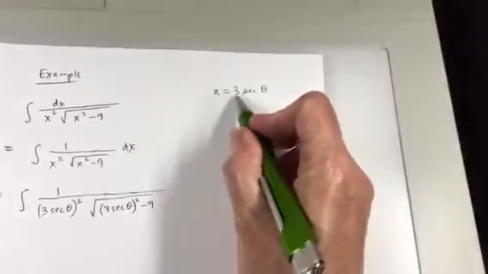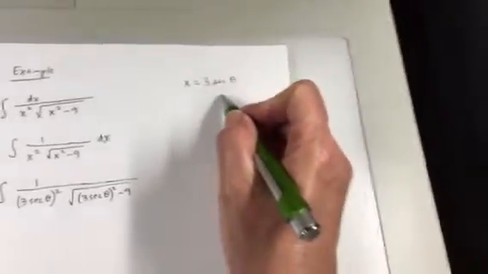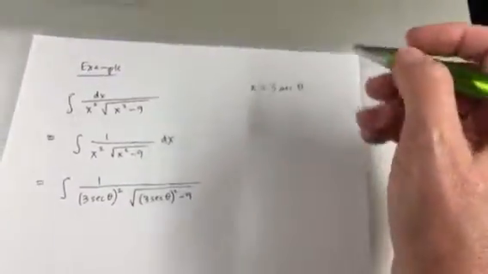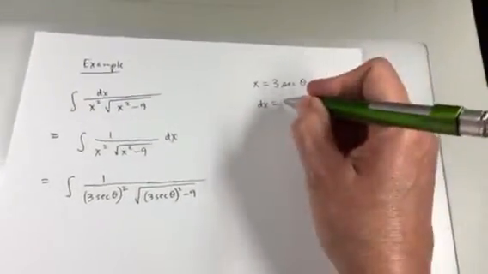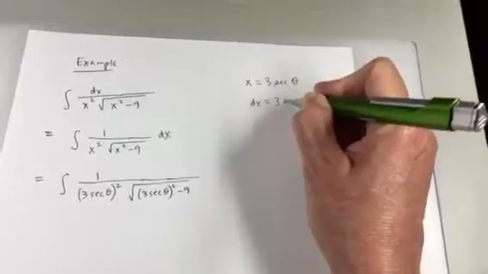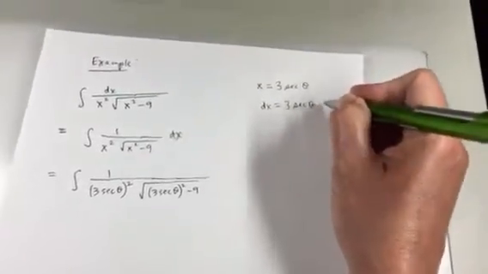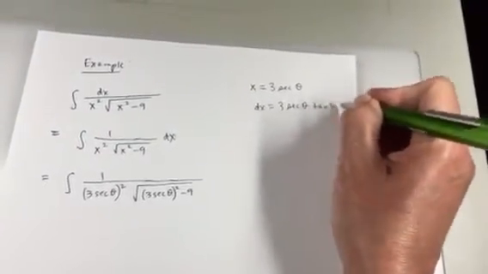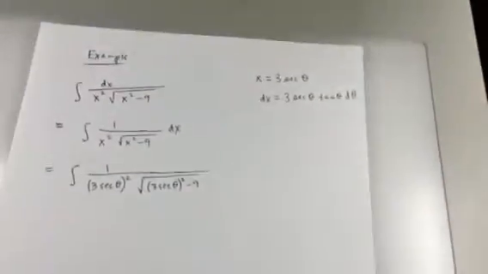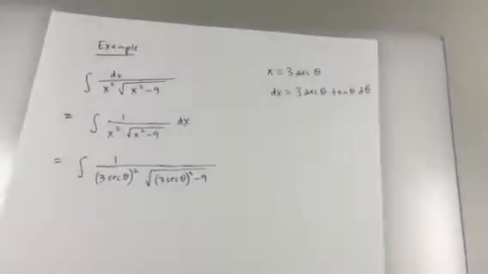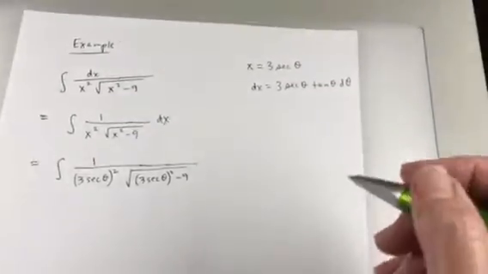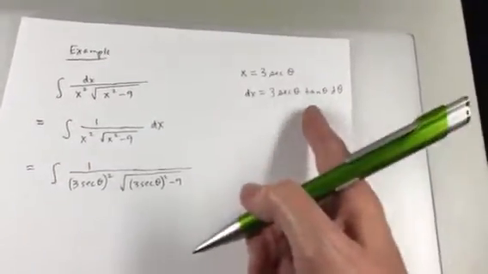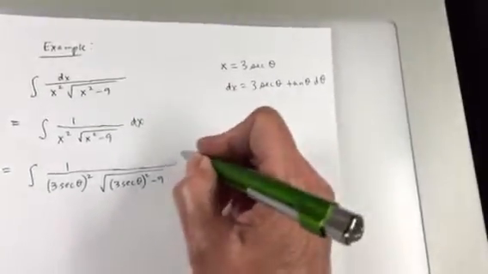Well, look, if x is 3 secant theta, what is dx? What's the derivative of 3 secant theta? 3 secant theta tangent theta d theta. You have got to substitute for dx whatever the expression is when you've taken the derivative of x.